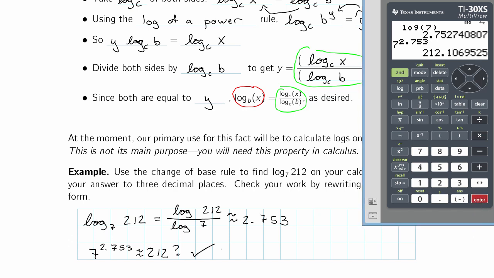Yeah, that's real close to 212. So that actually works. Again, this is going to be our main use for the change of base formula in this class, but it's not the case that we're just learning the change of base formula because our calculator is deficient. It's just a convenient use for this formula since we have it anyway.